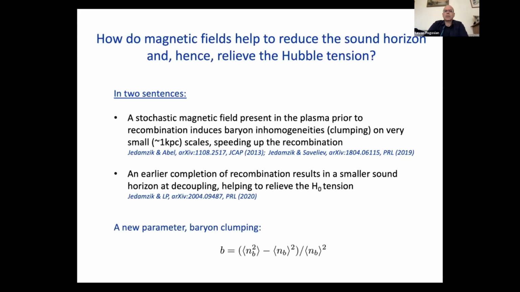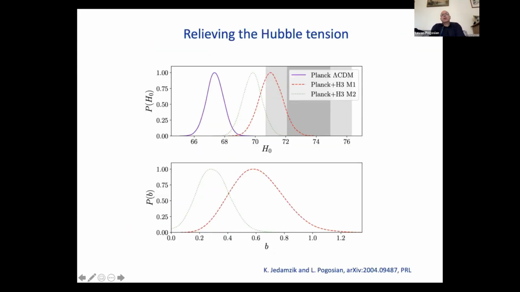Now, in our model, that's the new ingredient. There is this additional clumping of baryons, and it's a model-dependent parameter, but we have one additional parameter called baryon clumping. So a year ago, Karsten and I wrote this paper where we showed that if you allow for such clumping, then you could significantly relieve the Hubble tension.